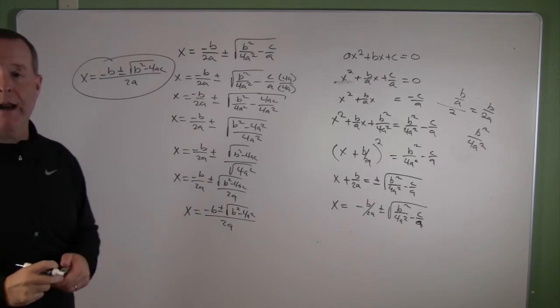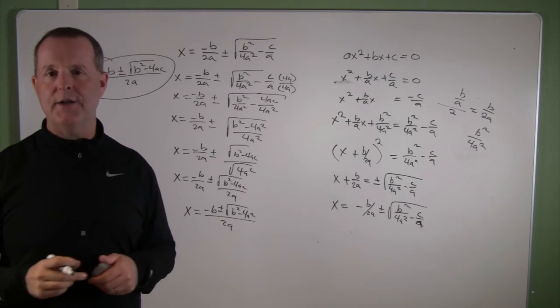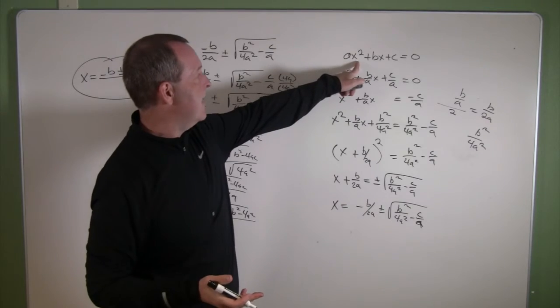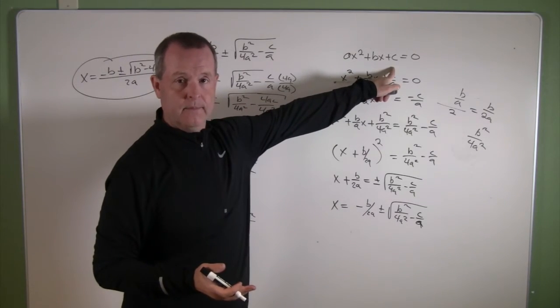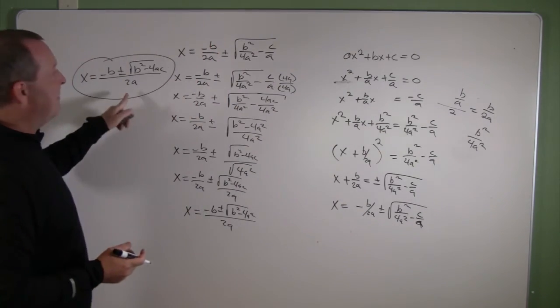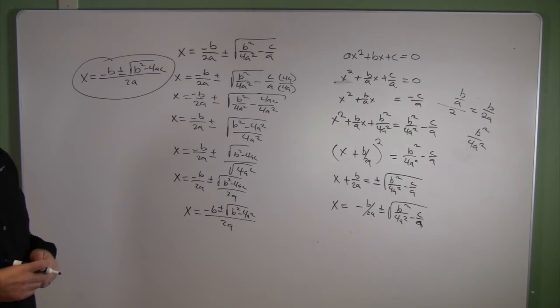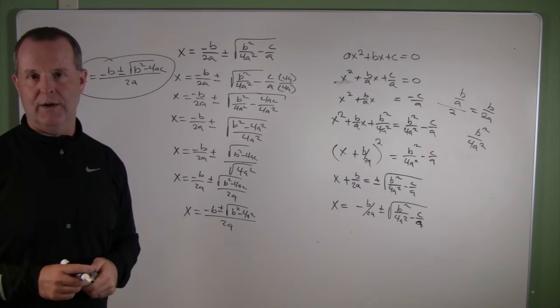I have a solution for x. And we call that the quadratic formula, which tells me that if I can see any quadratic in this form, I'm able to find its solutions by using this particular formula, if you will.